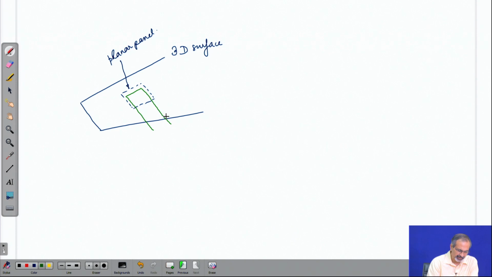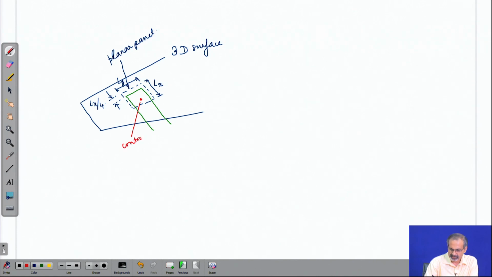Once you have created the panel, let the panel have a certain length, let us say Lx and Ly. It is important that you follow the convention that you locate the lifting line at Lx by 4 from the leading edge of the panel, and then you define a control point at 3/4 chord of the panel.